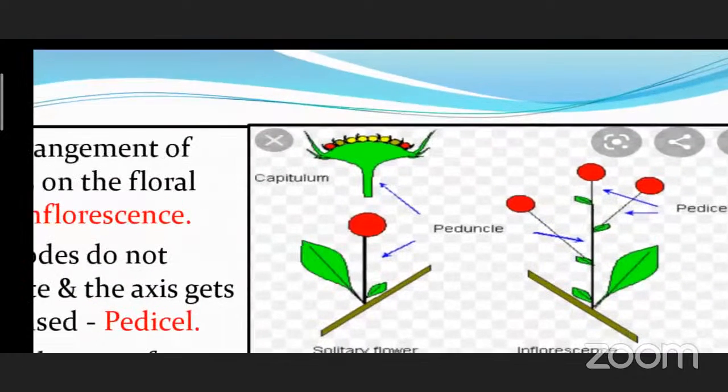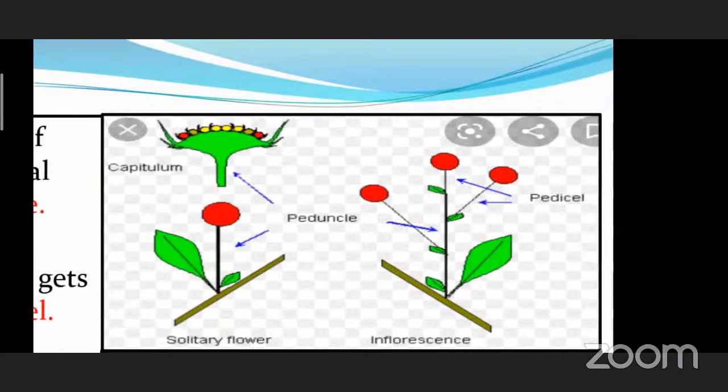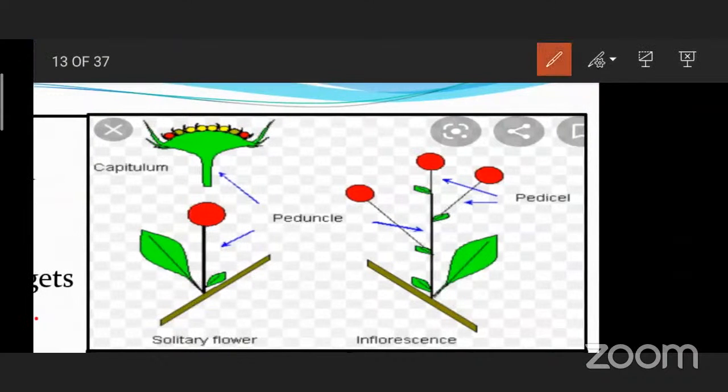And the second one, peduncle. See here, this is the peduncle. The common axis bearing flowers is called the peduncle. The flowers are developed on the peduncle in the axils of bracts.